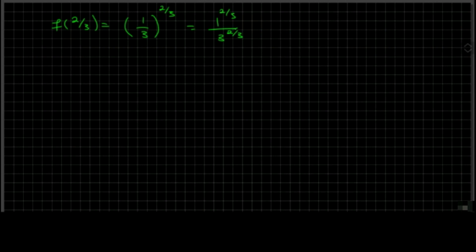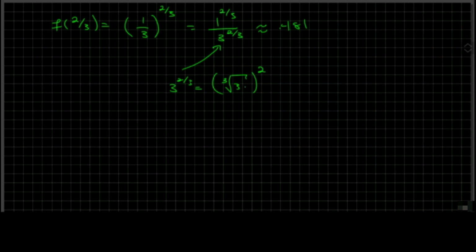And 3 to the 2/3 equals the cubed root of 3 squared. And this ends up being approximately 0.481.